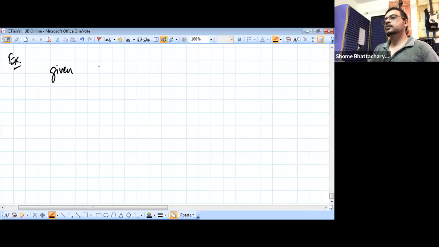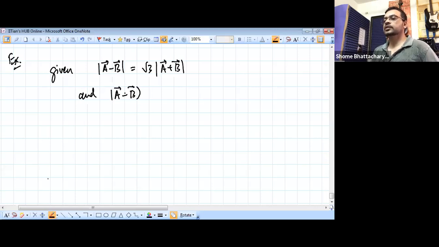So given that magnitude of A minus B is equal to root 3 times magnitude of A plus B, and A minus B is a vector quantity, is perpendicular to A plus B. Okay, this is given to us.